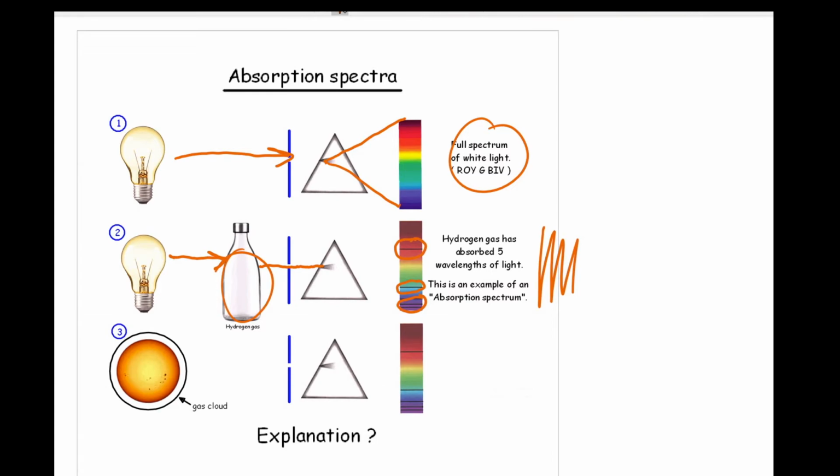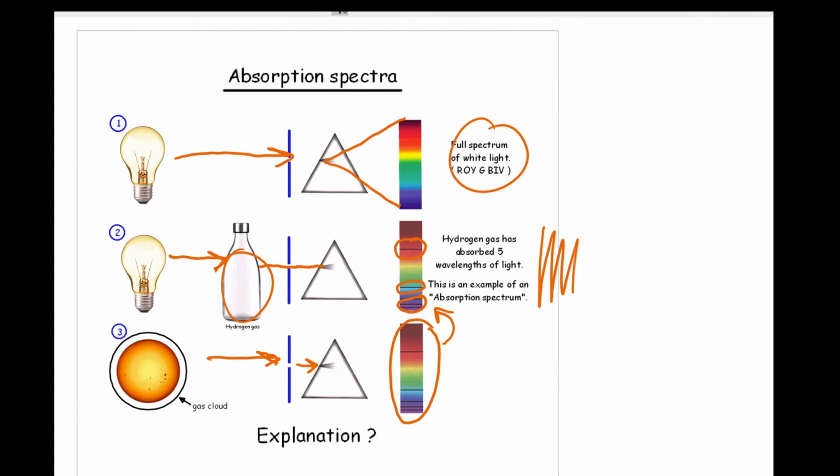Now, if we take light from the sun and pass it through a slit, and then pass it through a prism, and we get this result here, which is exactly the same as the one above.